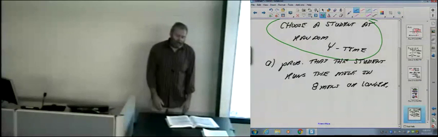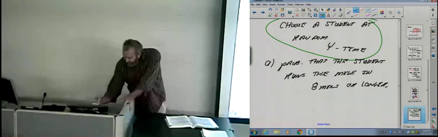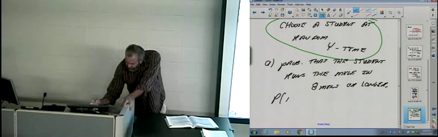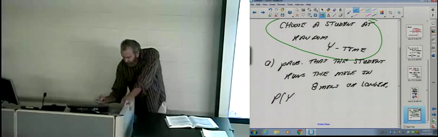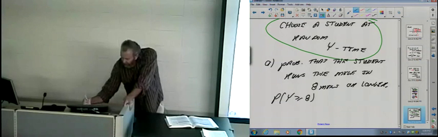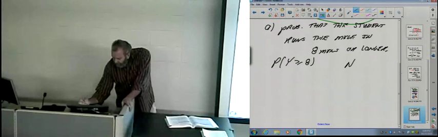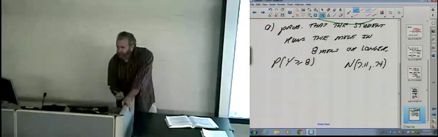The rest of Part A says, what is this probability? So we need to find the probability that the run time for this one randomly chosen student is 8 minutes or more, greater than or equal to 8. You have a normal distribution with a mean of 7.11 and a standard deviation of 0.74.